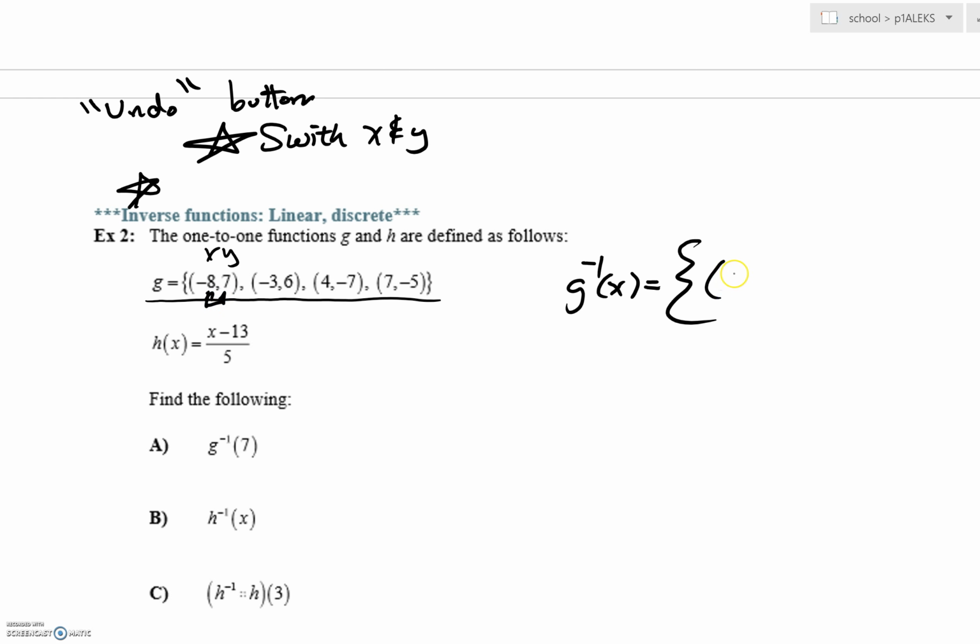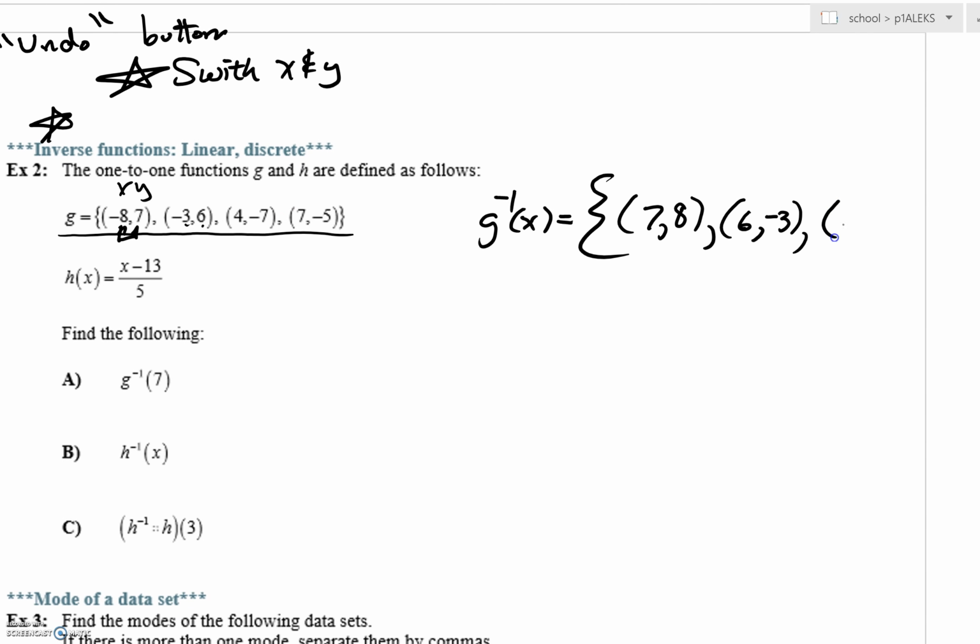I'm going to have what? 7, comma 8. I'll no longer have negative 3, comma 6. I'll have 6, comma negative 3. I'll no longer have 4, comma negative 7. I'll have negative 7, comma 4. And I'll no longer have 7, comma negative 5. I'll have negative 5, comma 7. We just switch x and y.